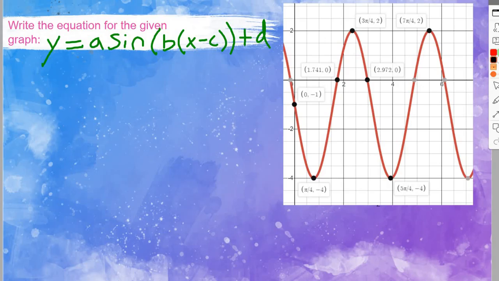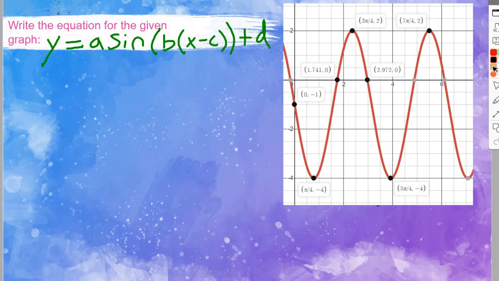So remember on the outside, those are the things that affect our y values. On the inside are the things that affect the x values. And our A and our D are usually a little bit easier to find from the graph. Yes? Okay.